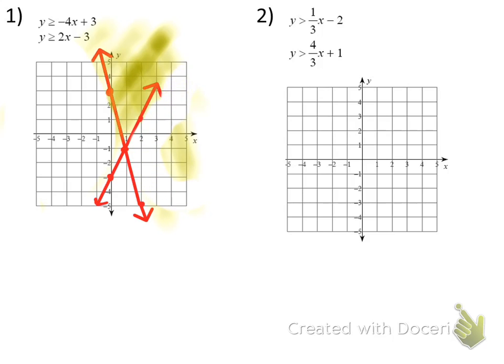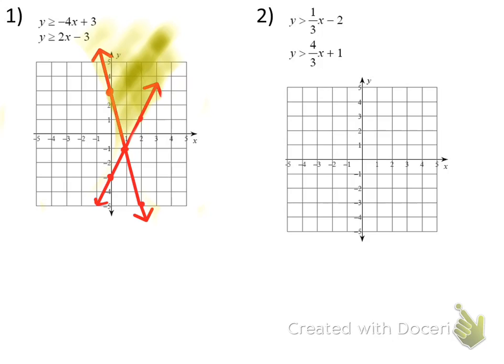I kind of do my best there, right? And basically, any point that's in the shaded region or any point that's on the solid line next to it is a solution of this problem. So that's number 1. Basically, all we're doing is graphing, okay?